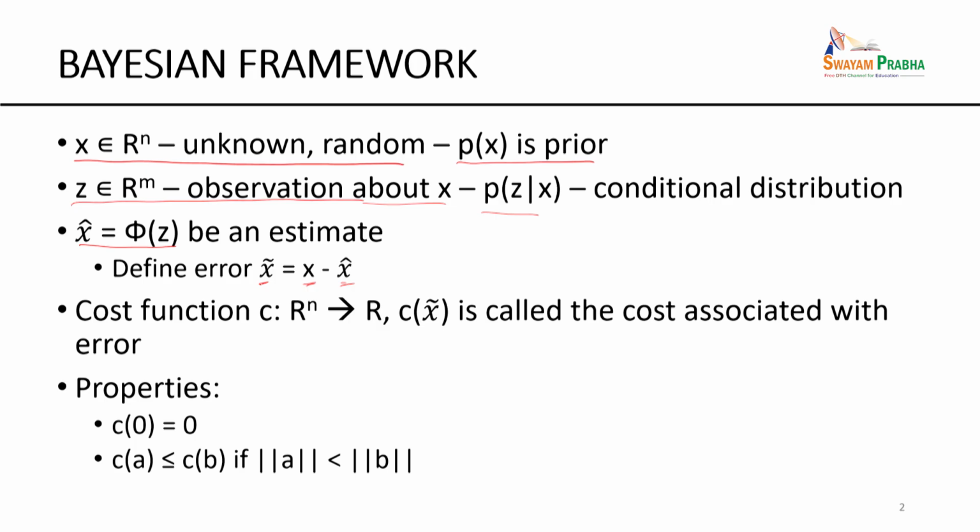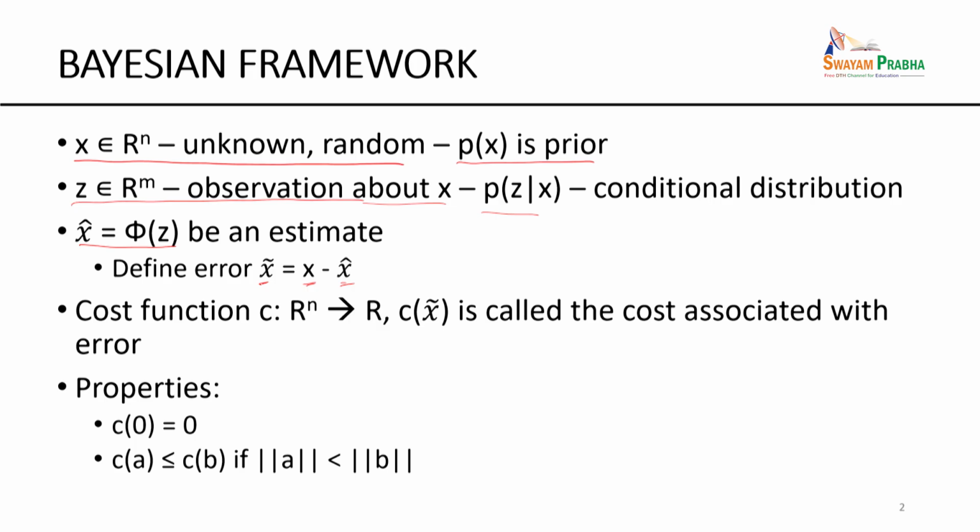If you repeat it, the value of x may vary because Mother Nature is trying to tease us by picking x from a prior distribution. At least that's the approach we take, and that's the role of the prior. The error in the estimate is x minus x hat.